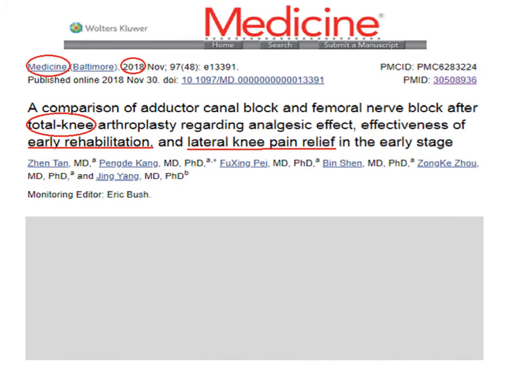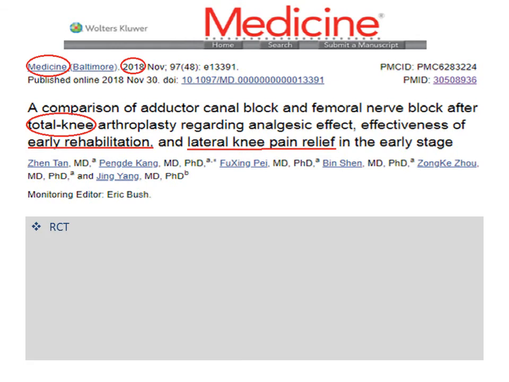However, in 2018, another study in Medicine described the same total knee arthroplasty, but considering another aspect of the analgesia, which is early rehabilitation when the patient is starting to move, and the description of lateral knee pain.